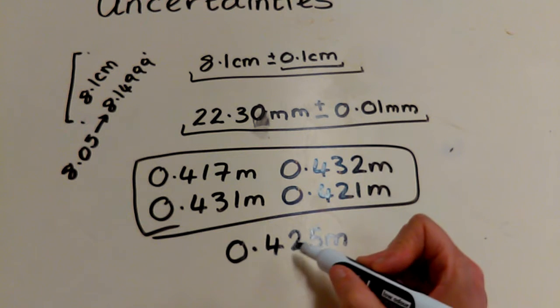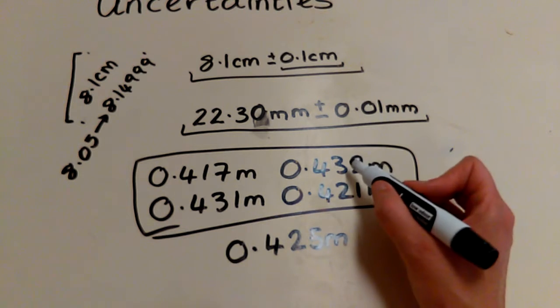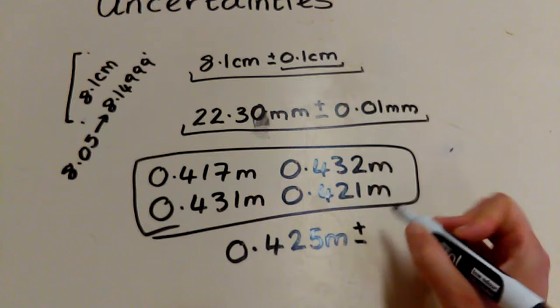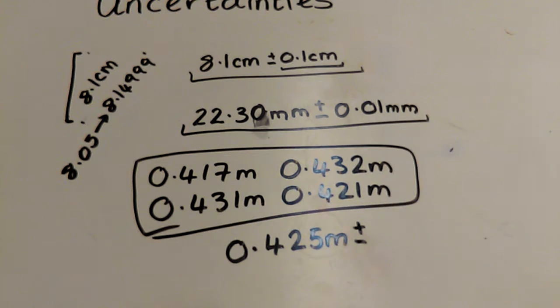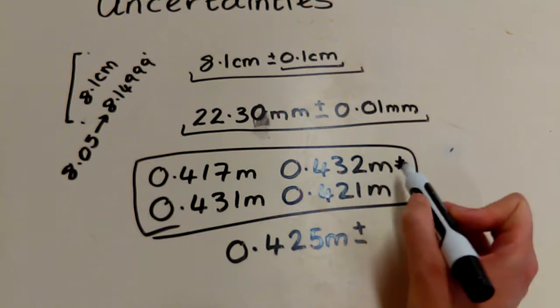Now, it can't be 0.425 plus or minus 0.001 because some of these measurements are outside of that. So in this case, if we've got a range of measurements, and mathematically it doesn't always work, but we can think about that, we use half of the range. Here, my biggest number is 0.432.